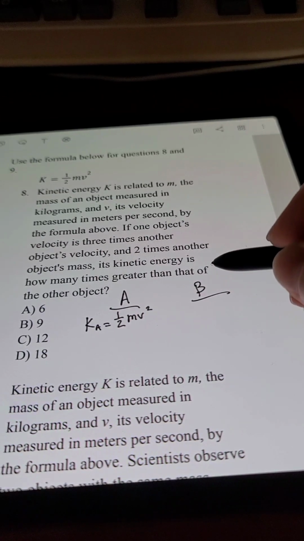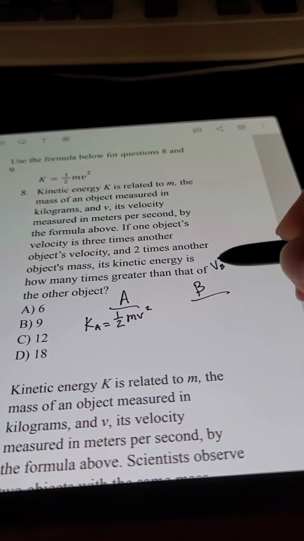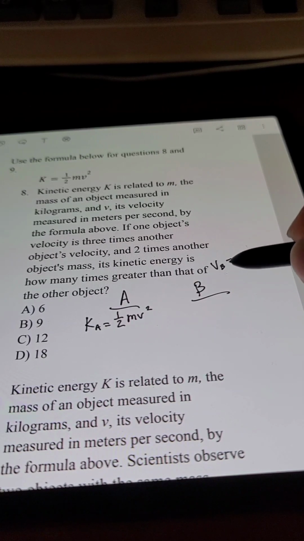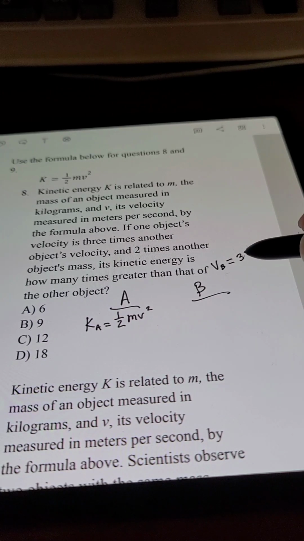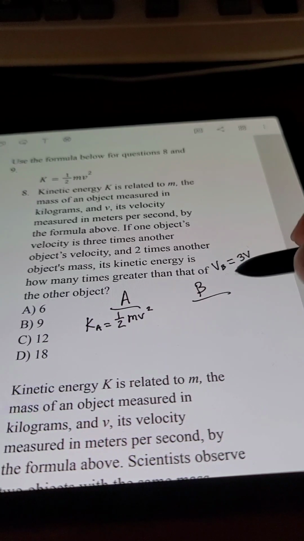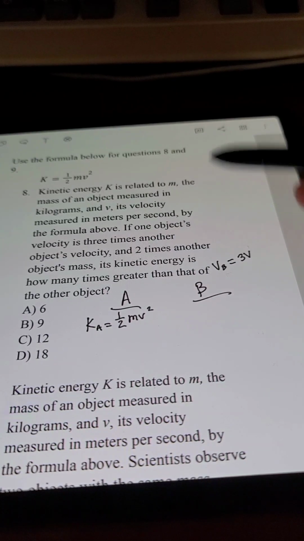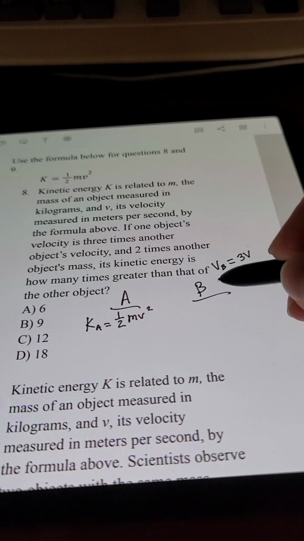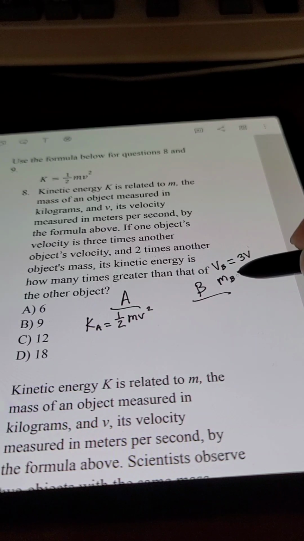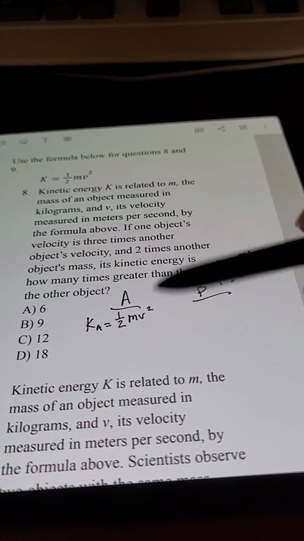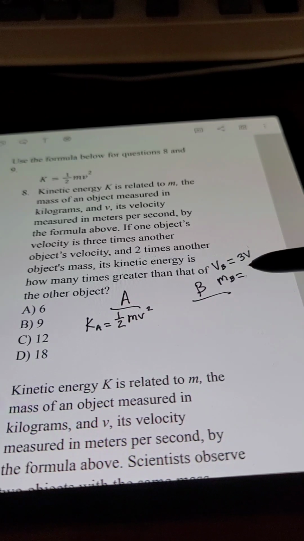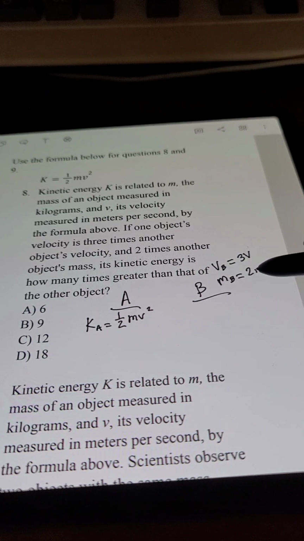So object B's velocity is going to be equal to 3 times our reference, so 3 times the velocity for A. And then we have that it's 2 times another's mass. So the mass specific to object B is going to be equal to 2 times the mass for A.